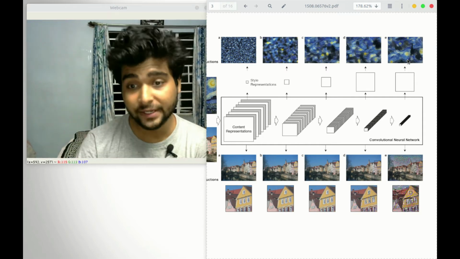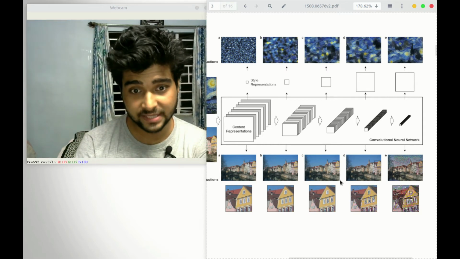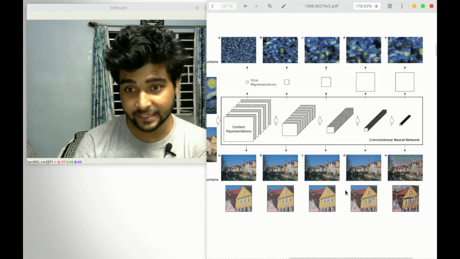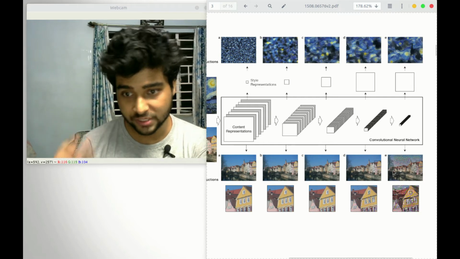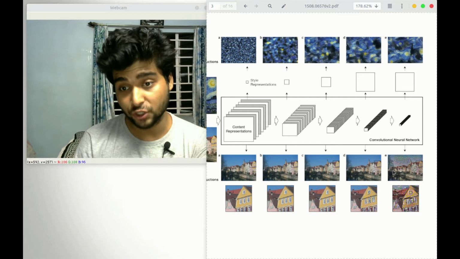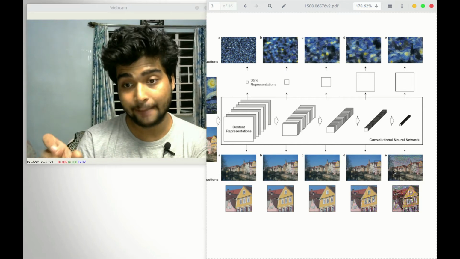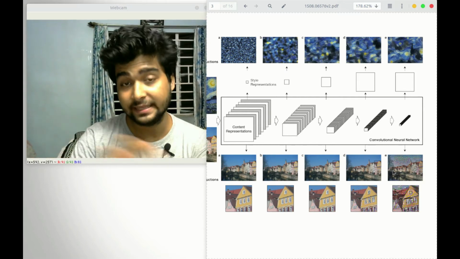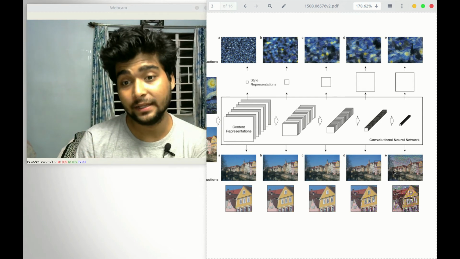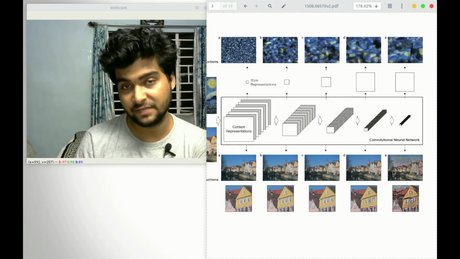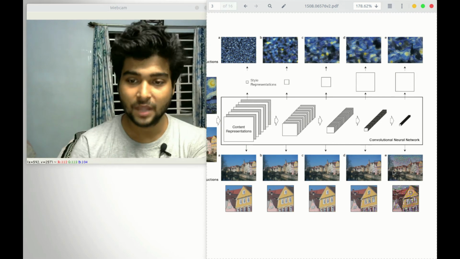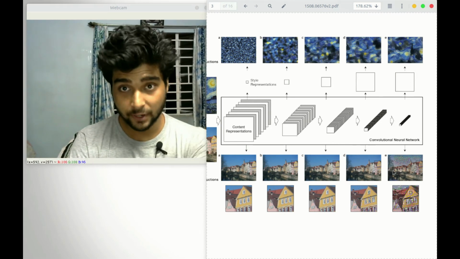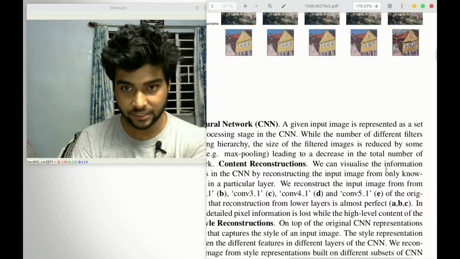In the case of the content image, in this image you can see that it captures the objects in the image, but not exactly the detailed pixel values of the content image. So these are the representations of the style and content images.